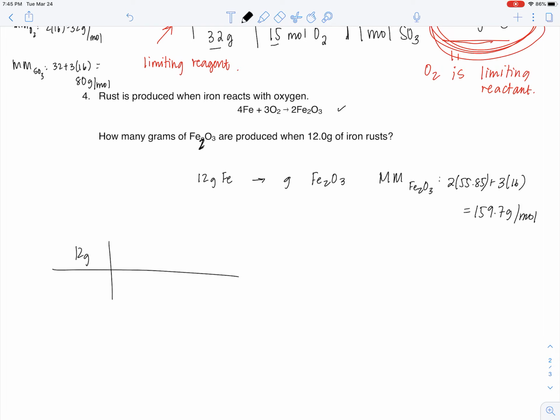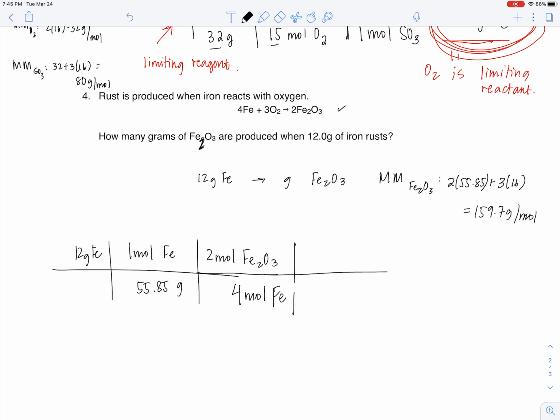I'm going to set up my grid, and I have 12 grams of Fe. 1 mole of Fe is 55.85 grams. I have 2 moles of Fe2O3 over 4 moles of Fe. I'm getting that from my equation, obviously.